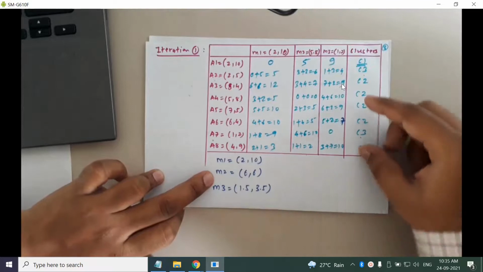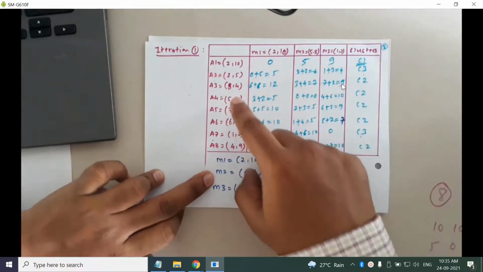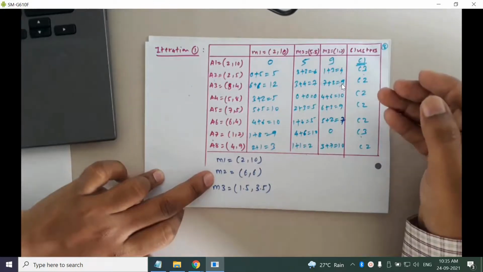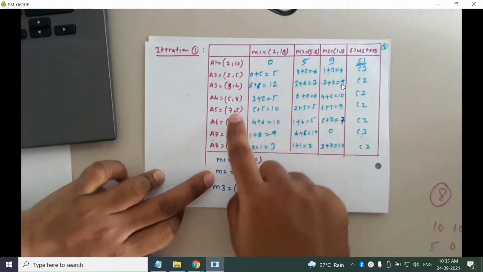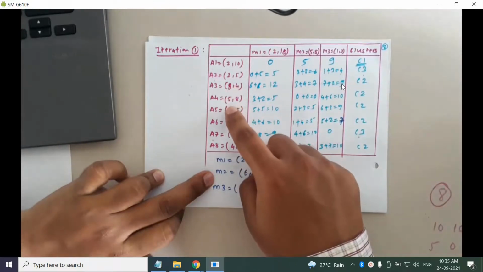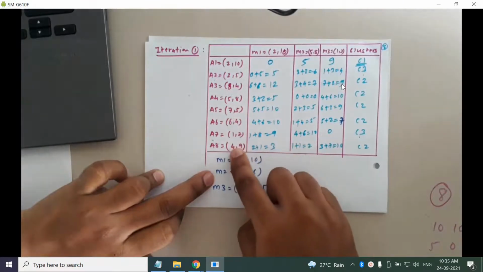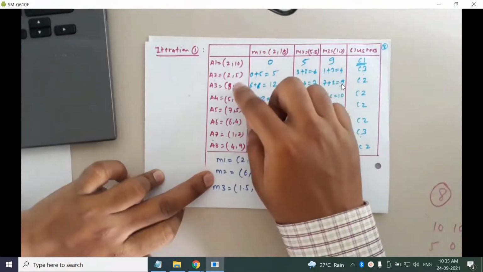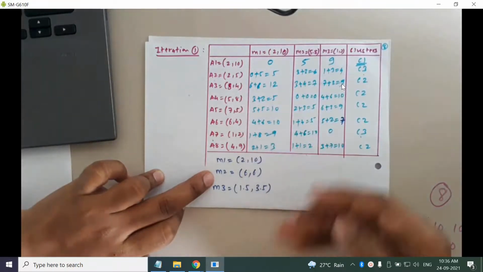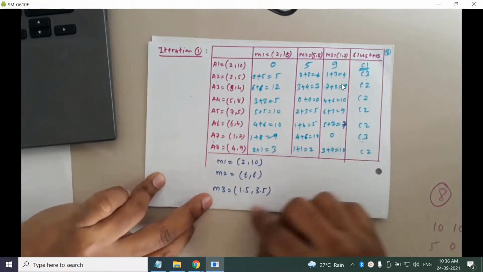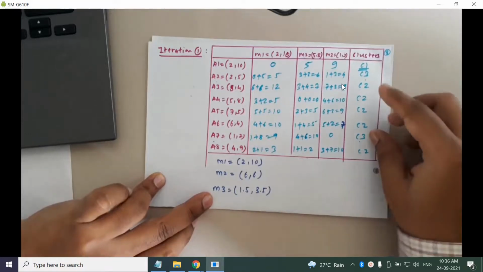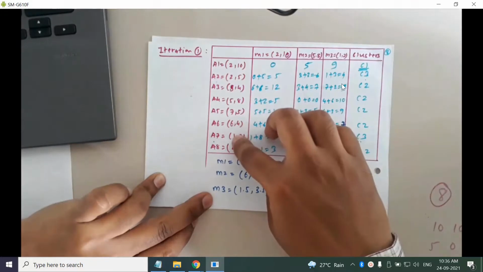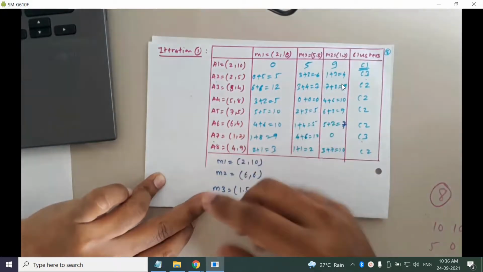Then M2: take the average of x coordinates of all the points in C2. So 8 plus 5 plus 7 plus 6 plus 4 divided by 5, you will get 6. Similarly for y coordinates, do the summation, divided by 5, 6. In cluster 3 you have 2 points, so 2 and 1, that is 3 divided by 2.